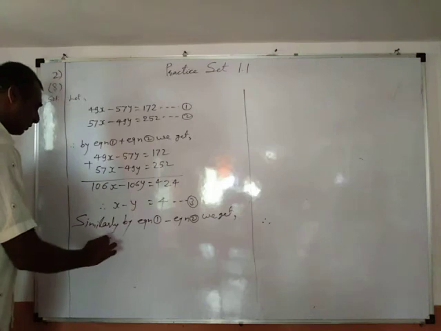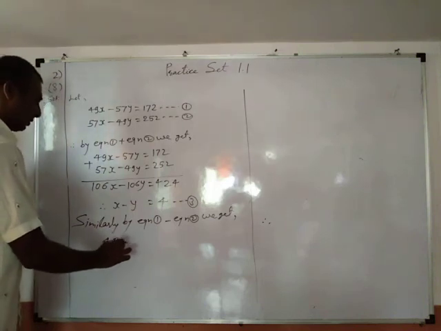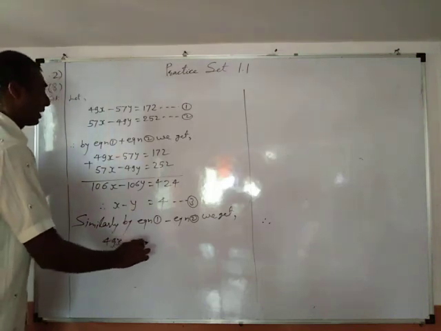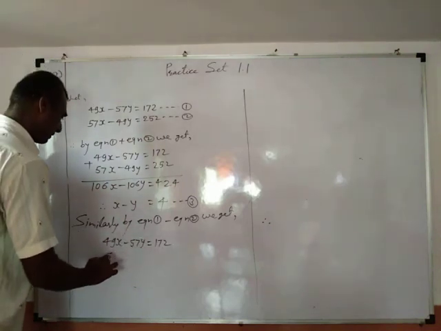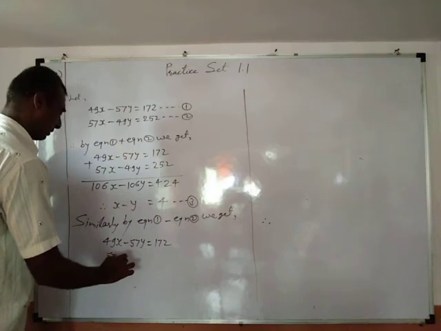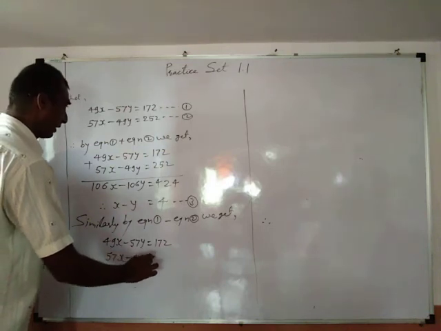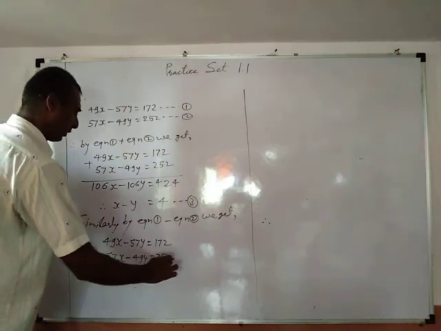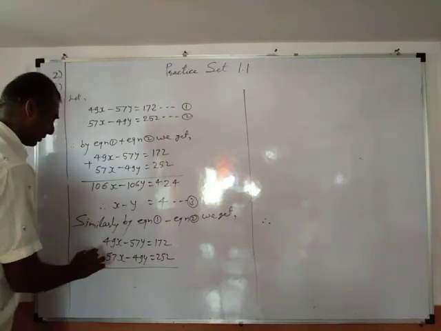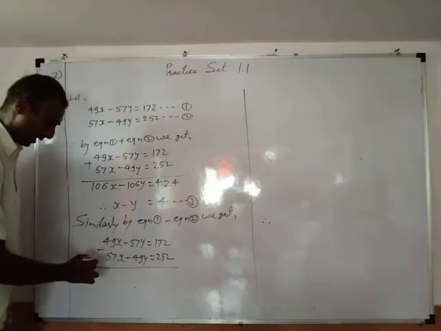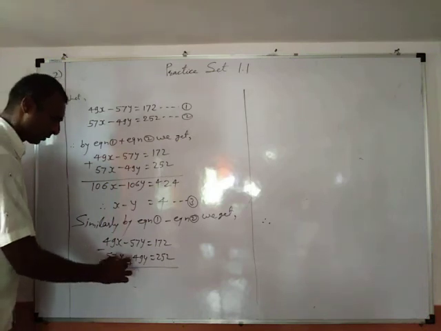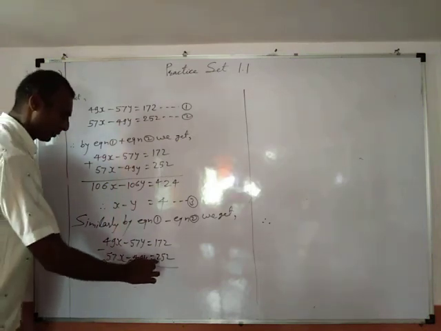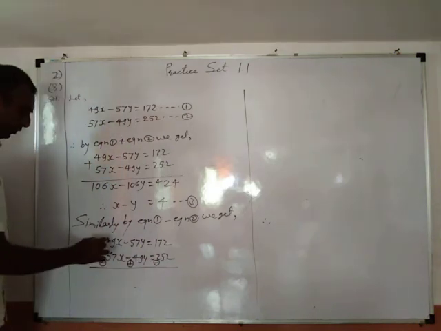Equation 1 is 49x minus 57y equals 172, and equation second is 57x minus 49y equals 252. As the operation is subtraction, signs of every term of the second equation will be changed. Plus will become minus and minus will become plus, and again plus will become minus.